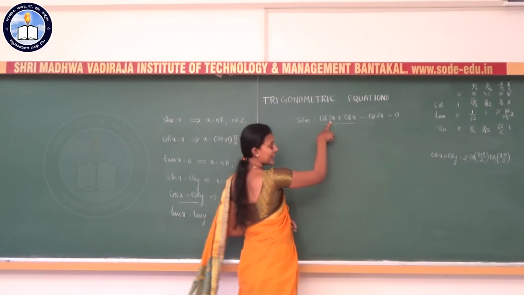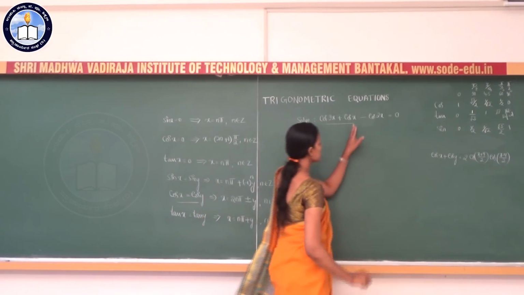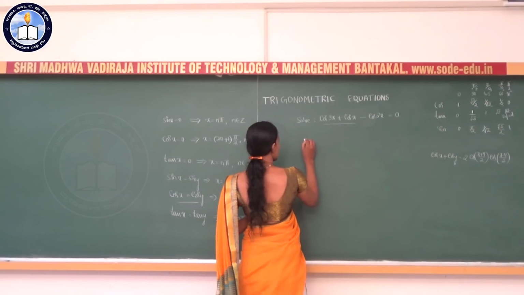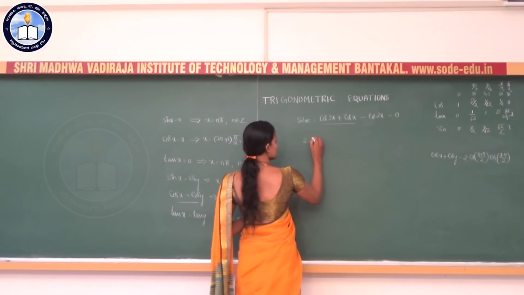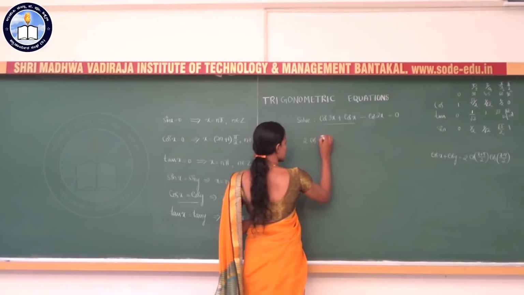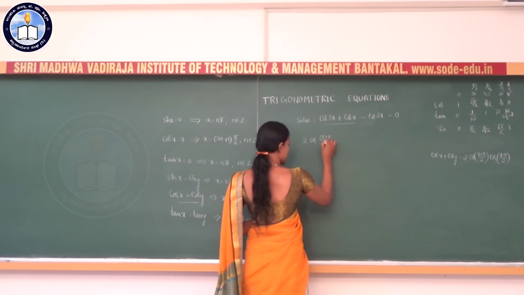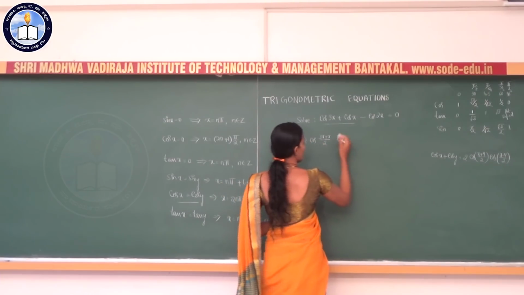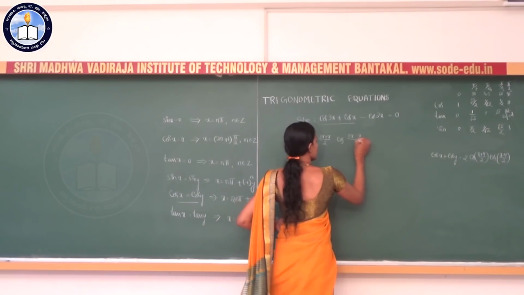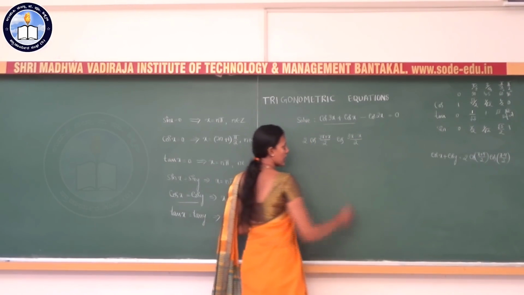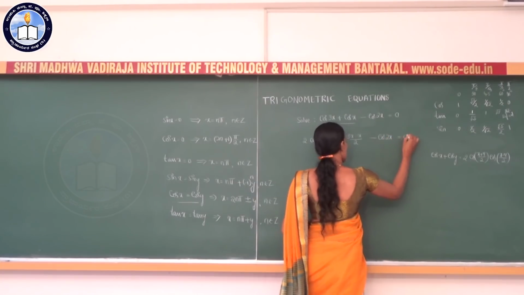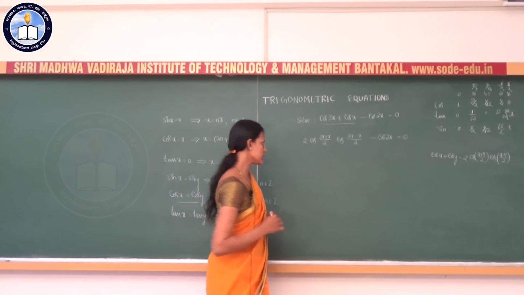So in the place of x, here we have 3x, in the place of y we have x. So let us use the formula, which is 2 cos of 3x plus x by 2 cos of 3x minus x divided by 2, and the third term let us write as it is, and equal to 0.